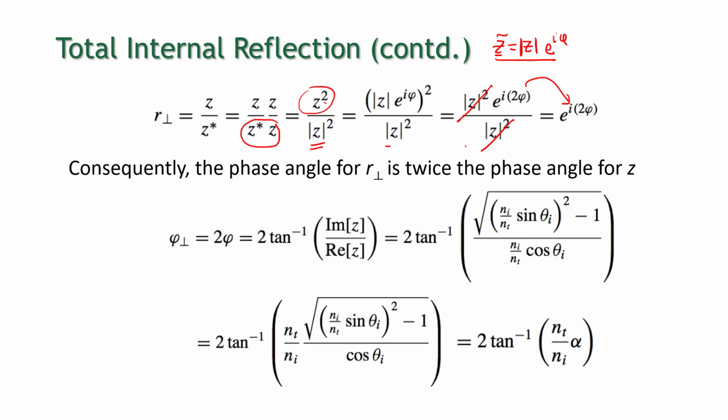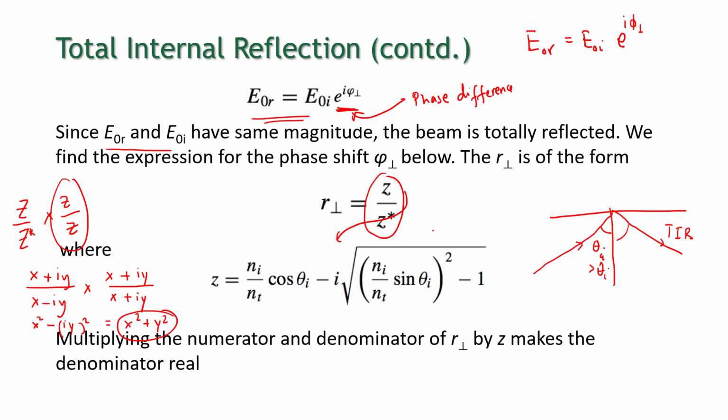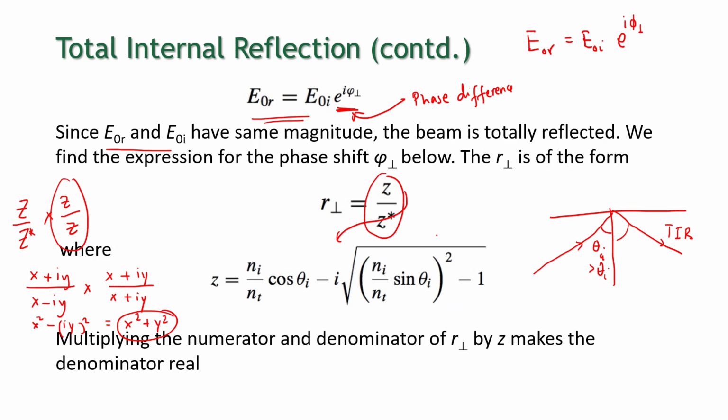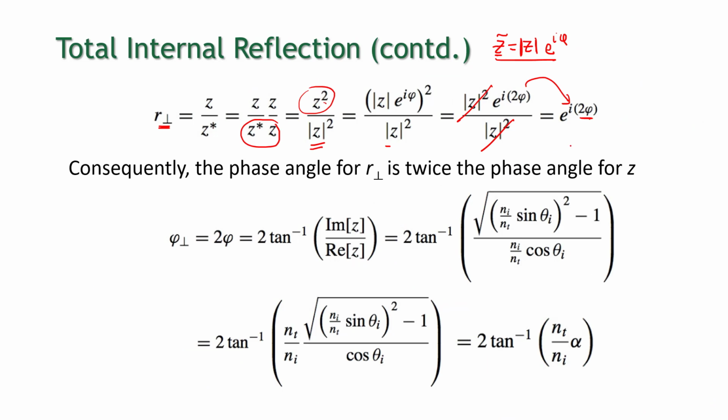Now this shows that the phase angle for r perpendicular is twice the phase angle for z. The phase angle we got here is the phase angle for z, and we see that this is twice that phase angle.